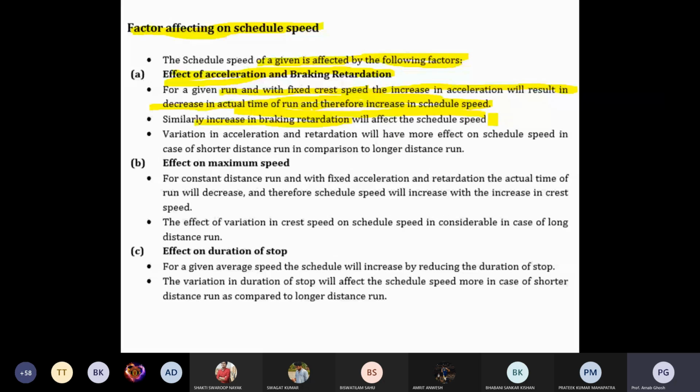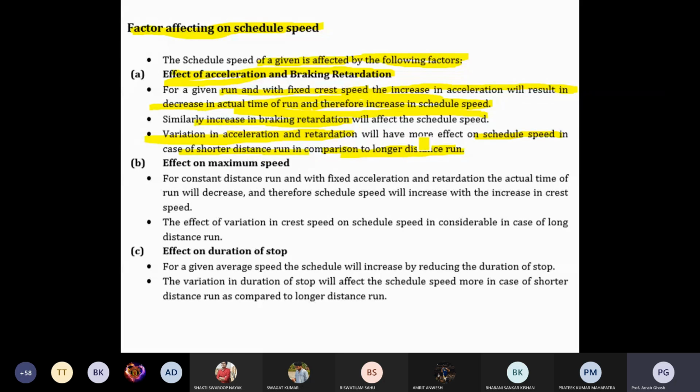Variation in the acceleration and the retardation will have more effect on the schedule speed in the case of a shorter distance run in comparison to a longer distance run. If the distance is short, it will definitely be more affected, because the run time is also less and the stop time is constant throughout the cycle.